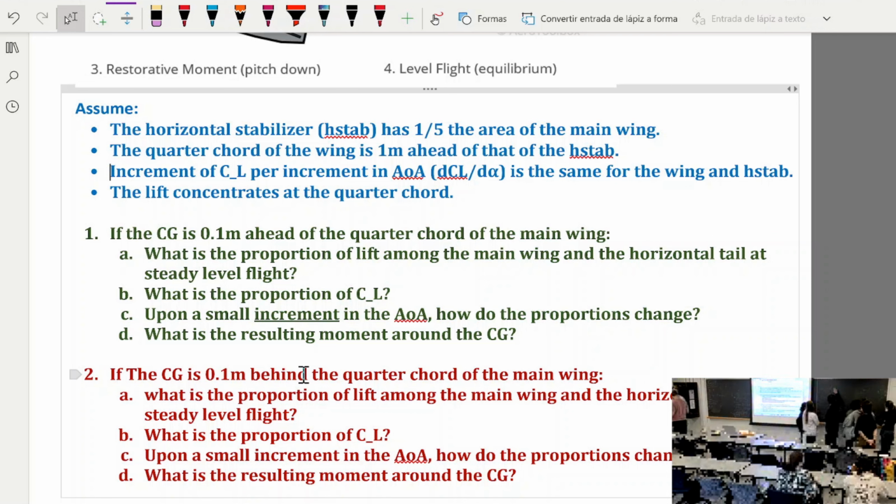Basically you can take this as 0.1 times the original lift of the wing, plus a ratio of 0.1 to 1.1 times the lift of the horizontal tail.